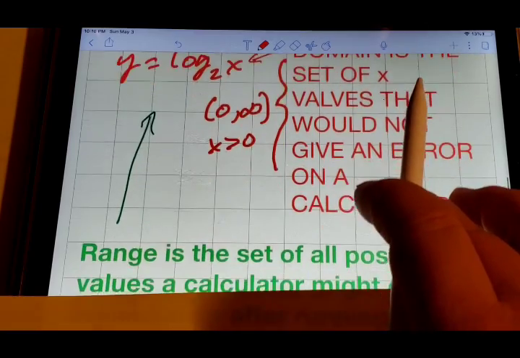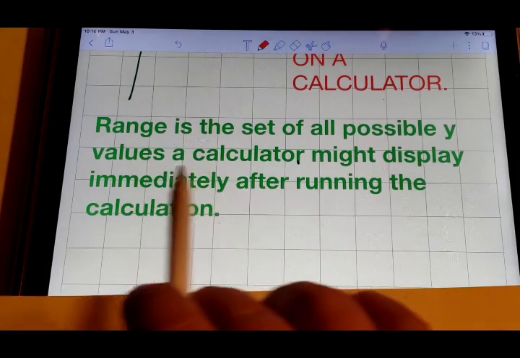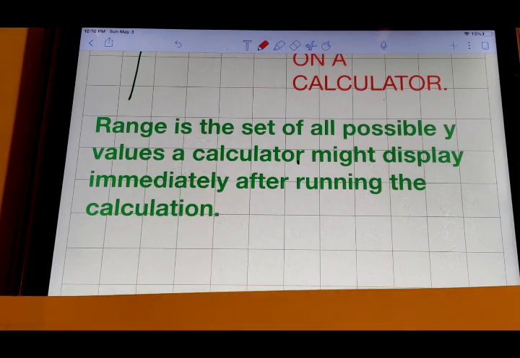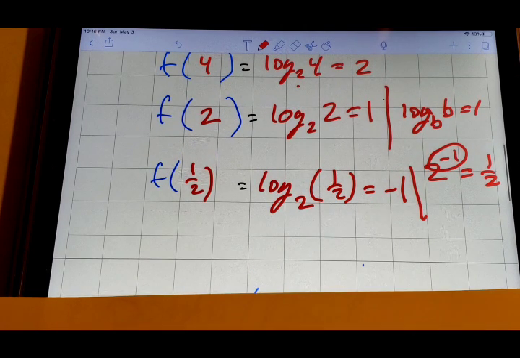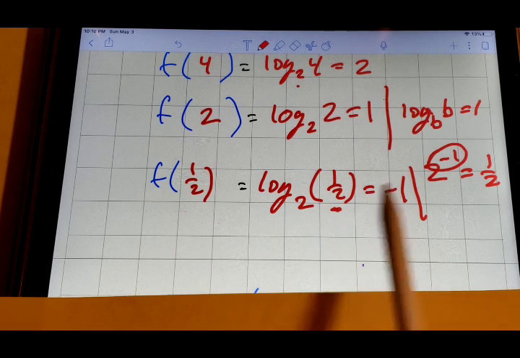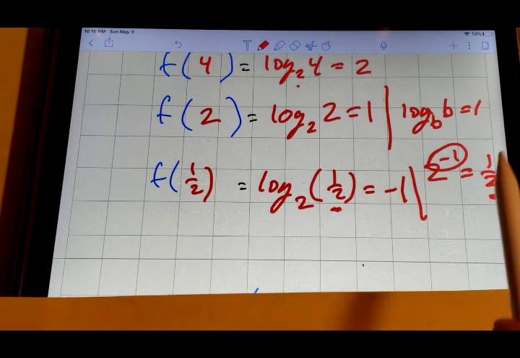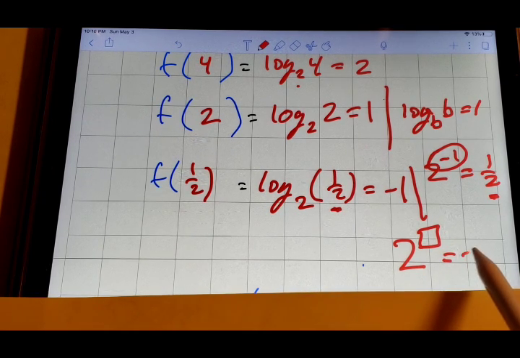And the range is the set of all possible y values a calculator might display. So let's go back to this numerical thing here, right? So we know I could put a fraction in, but I'd get an error if I put in a negative number. And basically the reason for that is if I put a negative number here, it would be like saying 2 to what power gives me, I don't know, -8, let's say.